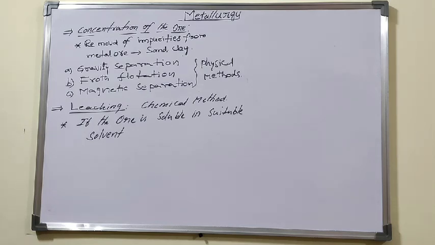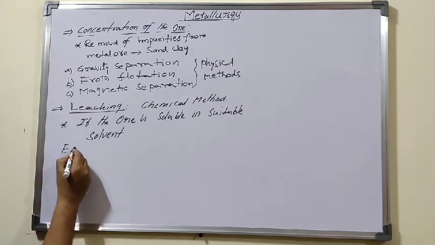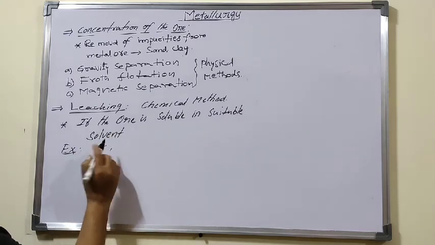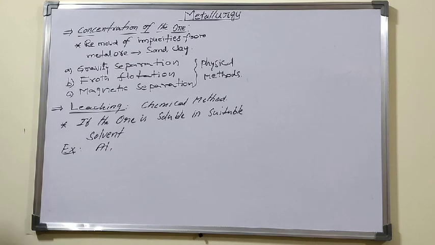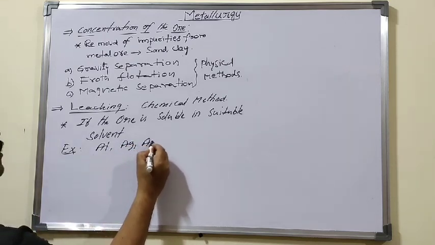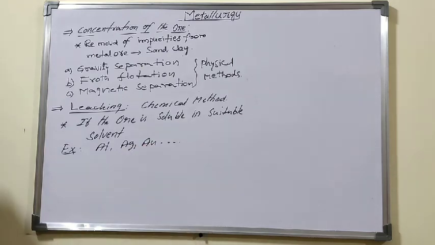What type of metals or ores are concentrated? Aluminum ore can be concentrated by this method, silver, gold. Aluminum, silver, gold are concentrated by a chemical method called leaching.